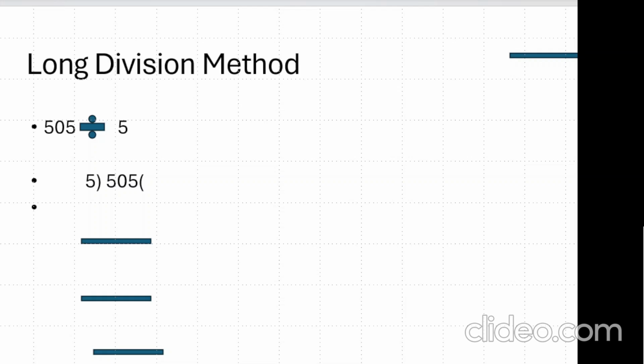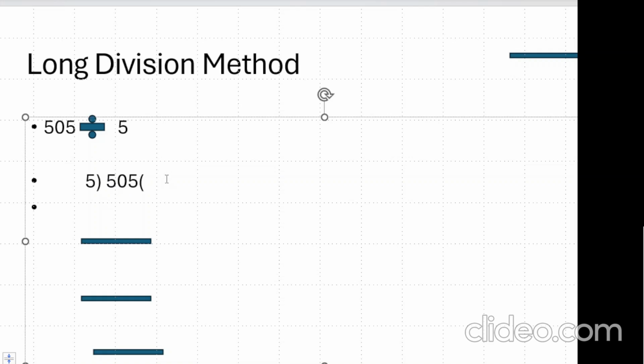Let's now move on to the final method, which is the long division method. To understand the long division method, let's take this example of 505 divided by 5. So 505 is the dividend, 5 being the divisor.